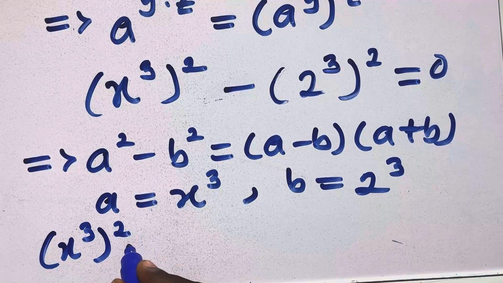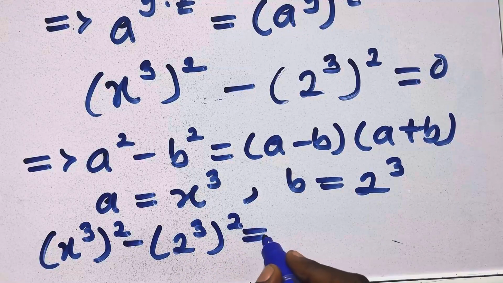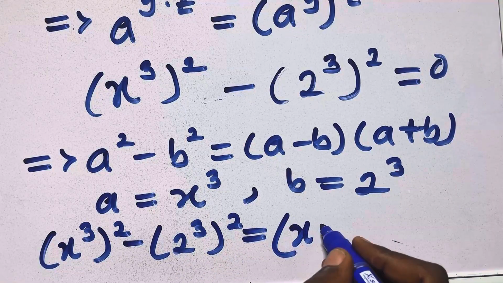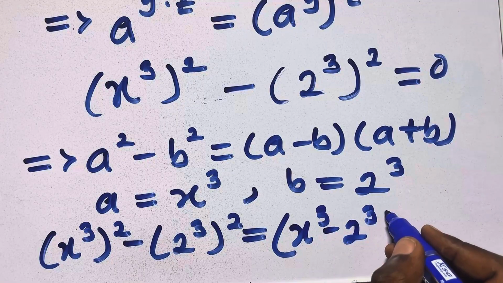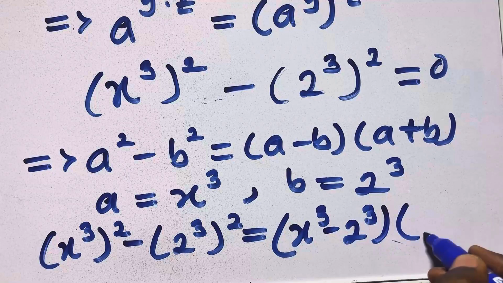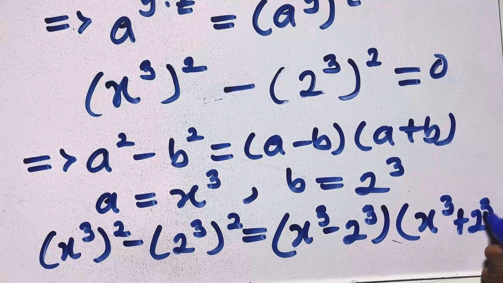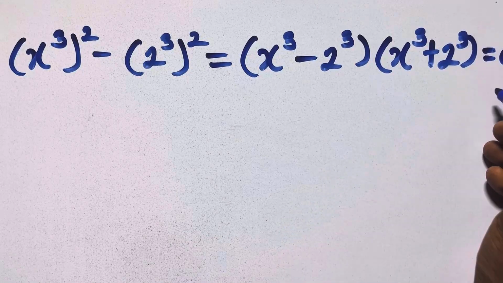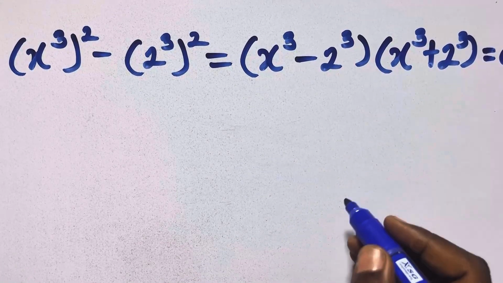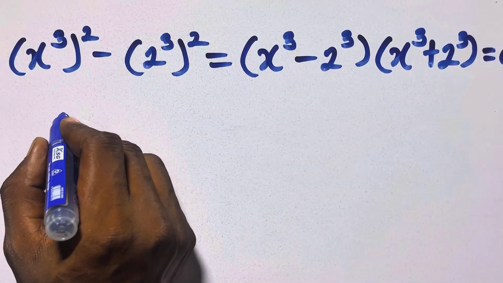So by applying it, we have x raised to the power 3 raised to the power 2 minus 2 raised to the power 3 raised to the power 2 equals, open bracket, x raised to the power 3 minus 2 raised to the power 3, then x raised to the power 3 plus 2 raised to the power 3, and we equate everything to 0. After that, we equate each of these factors to 0.